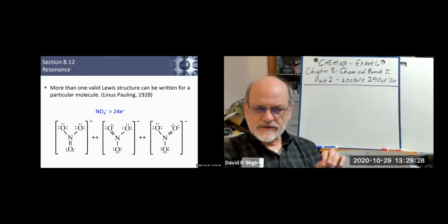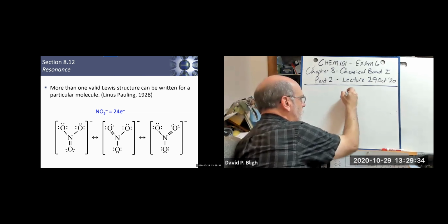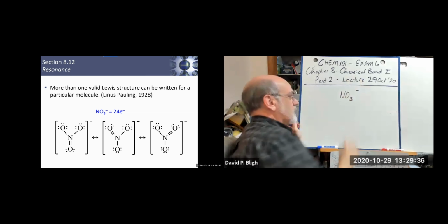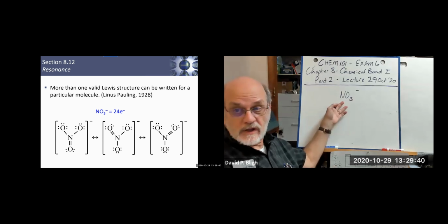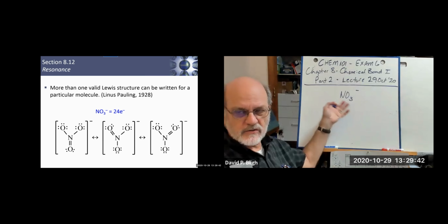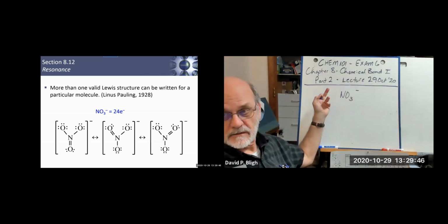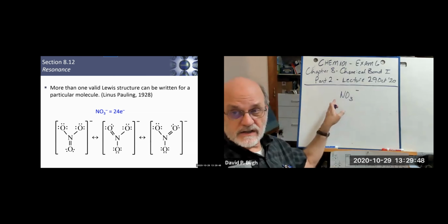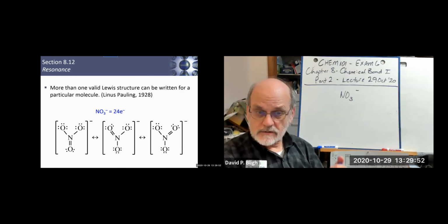This nitrate ion, which may be bound with sodium as sodium nitrate, could be potassium nitrate, or it could be nitric acid, where you stick a hydrogen out here. But the nitrate ion itself, we can treat with Lewis structures.